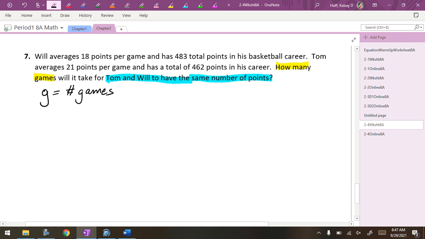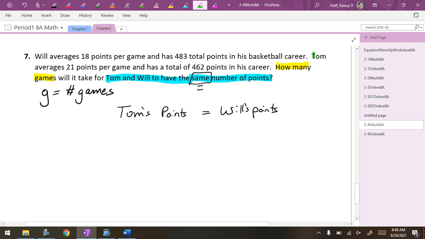And they're telling us to set this up for Tom and Will to have the same number of points. Same in math means equal. So Tom's points need to equal Will's points.